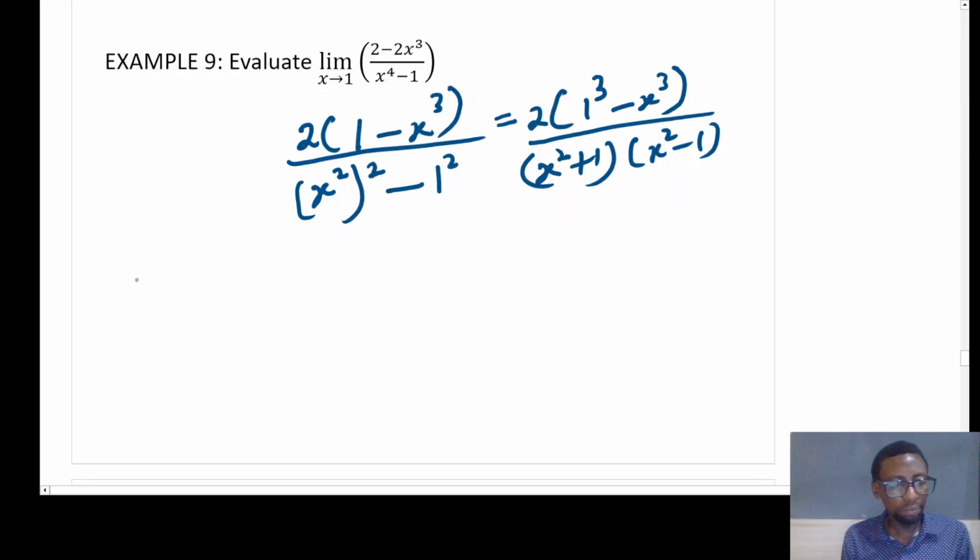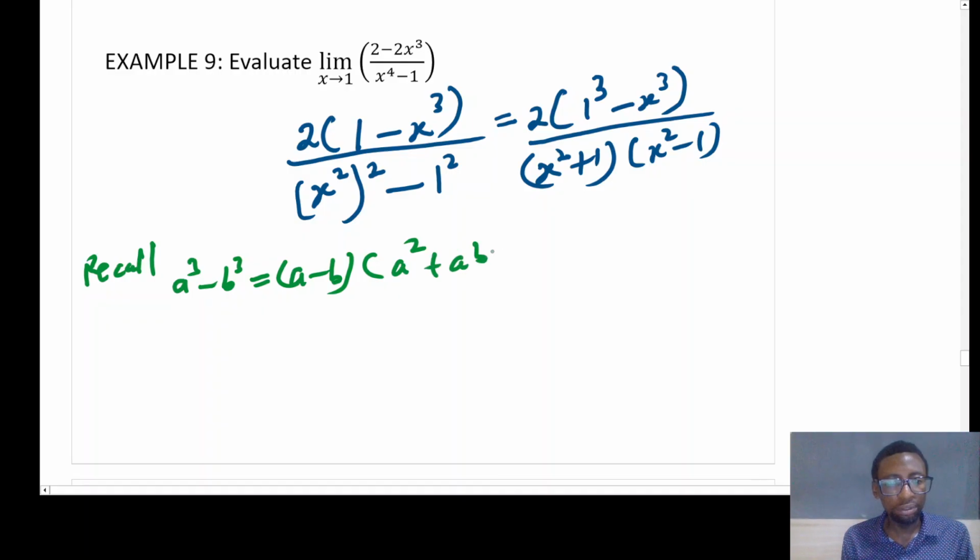So let's break this down. Let's recall that a cube minus b cube, a difference of two cubes, is actually (a minus b)(a squared plus ab plus b squared).